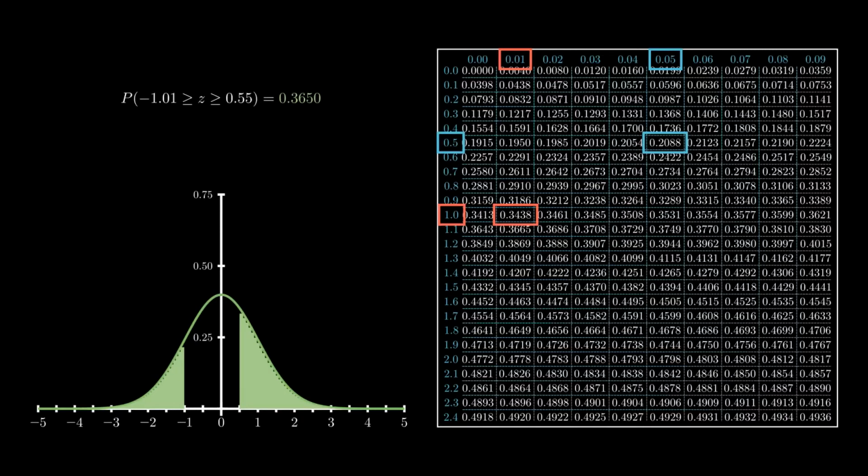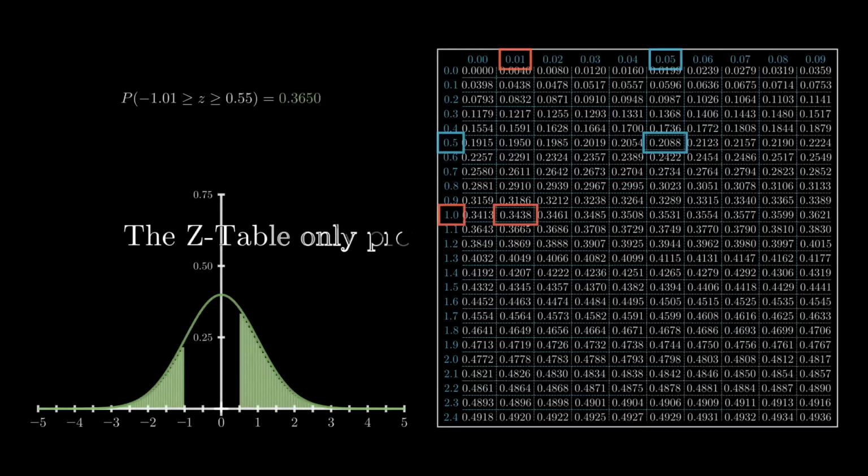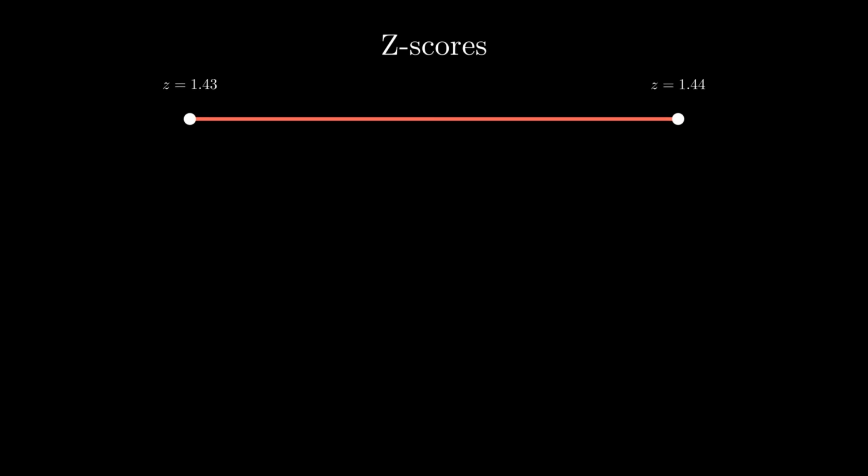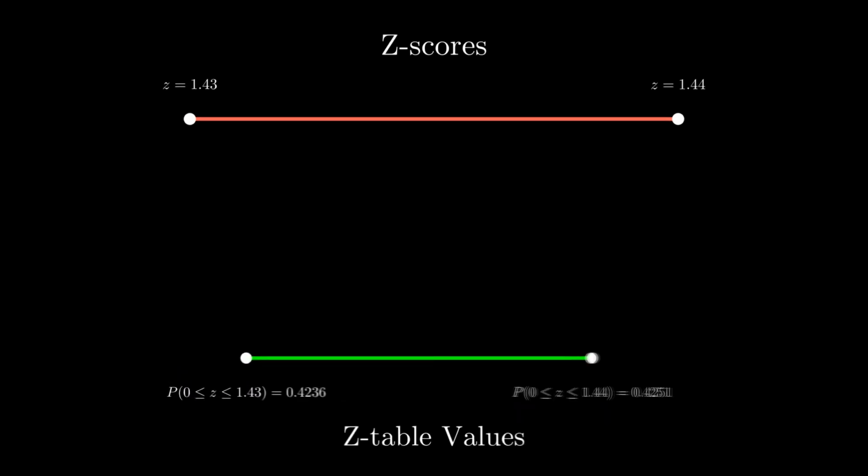Now, one concern with this is that the z-table only provides two decimal places for the z-scores. So for that, we introduce interpolation. This isn't part of the module, but I want you to learn this for future applications. So suppose we have z-scores from 1.43 to 1.44, which both can be located in the z table.